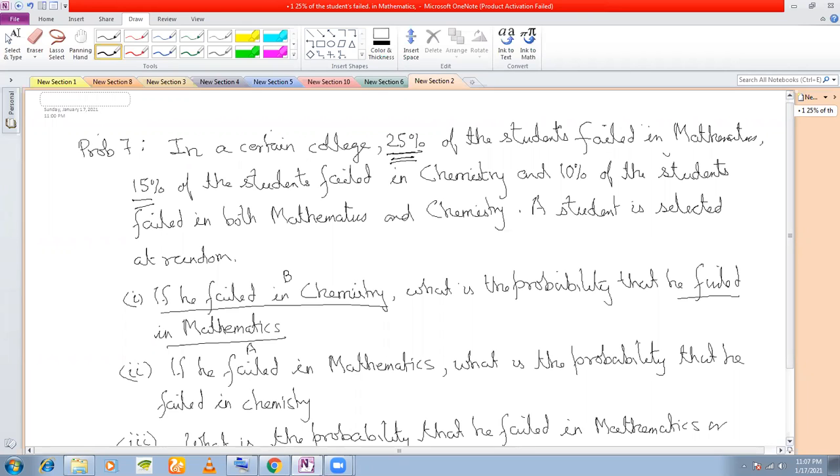If I call the event B as student failed in chemistry, then P(B) is 0.15. And 10% failed in both the subjects. That means P(A intersection B) is 0.1, 10 by 100, right?